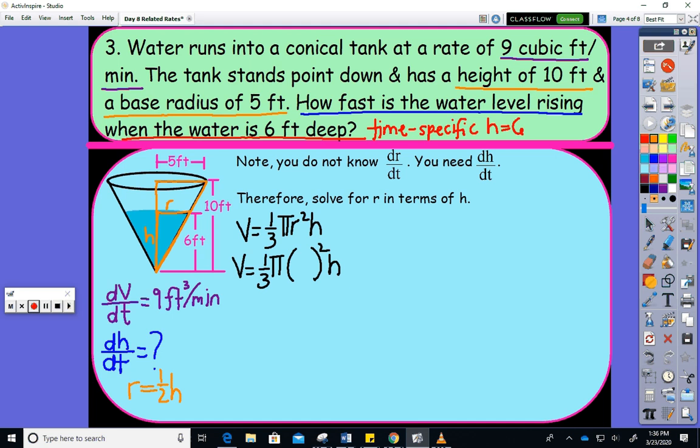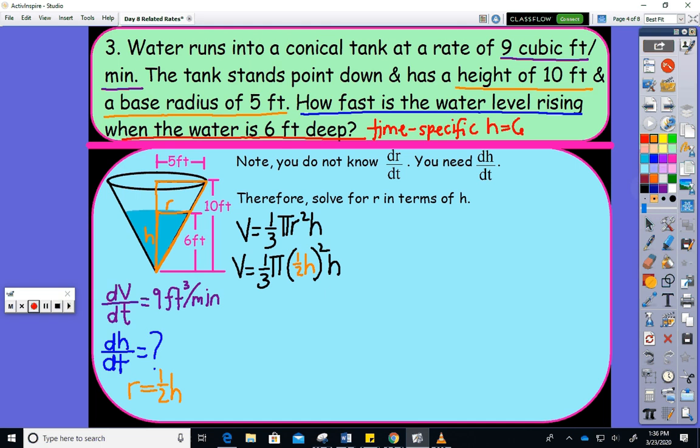So I know that the ratio of 5 to 10, which is a half, is always going to be the same thing. Anyway, if the radius is half the height, then I'm going to put half the height right there in my equation.